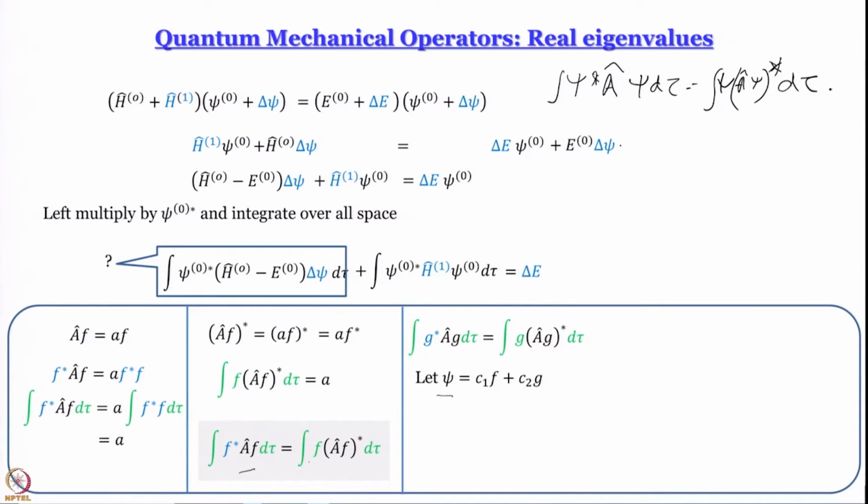But what is psi? Psi is a linear combination of f and g.